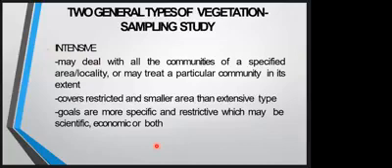It can also include plant association in certain areas, where the presence of a particular species is present in that area. Maybe they have a mutual relationship, that's why it is also found near that species. So those are just examples of the intensive type of vegetation sampling study.